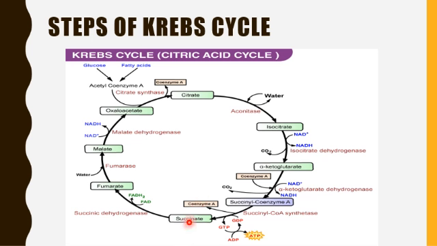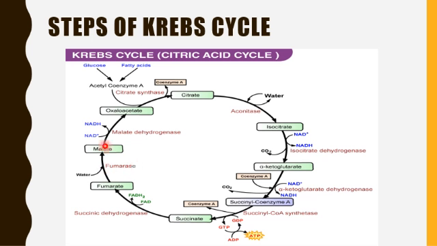Now this succinate again undergoes the dehydrogenation. The hydrogens are received by another coenzyme, that is FAD, to form FADH2 in the presence of the enzyme succinic dehydrogenase, and they form fumarate or fumaric acid. The fumarate or the fumaric acid will form the malic acid with the addition of water, and the enzyme is fumarase.